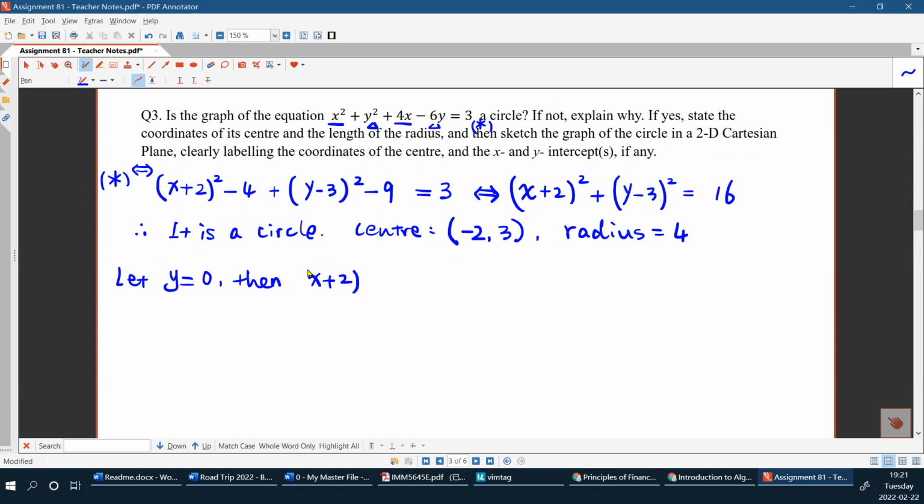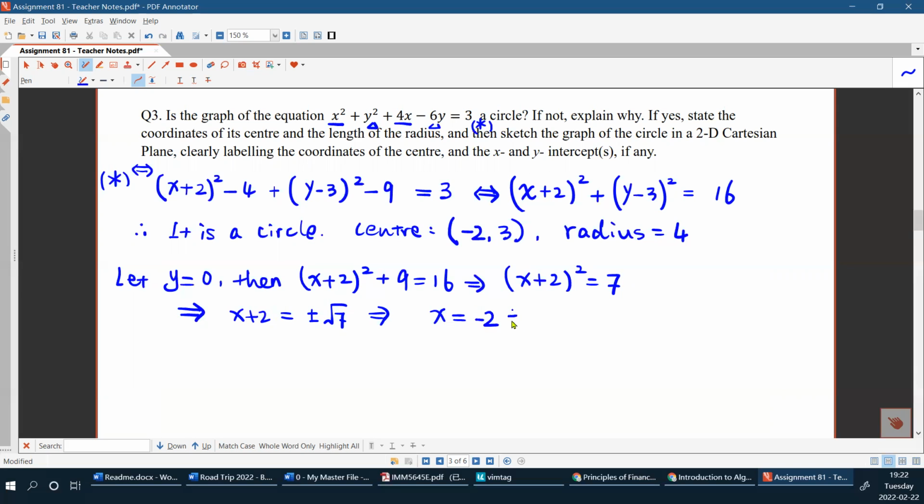This means (x plus 2) squared plus 9 equals 16, which is equivalent to (x plus 2) squared equals 7. Therefore, x plus 2 must be positive or negative square root of 7, right? Therefore, we have found the values of x. When y is 0, x is -2 positive or negative square root of 7.